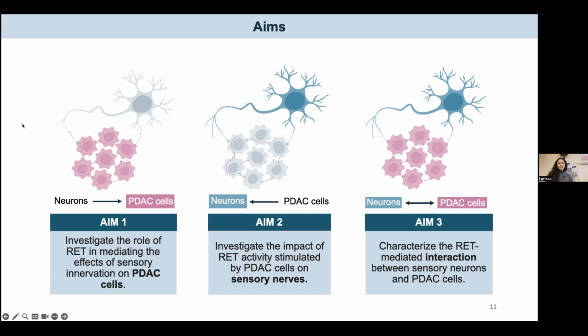And you'll see these little figures throughout my presentation to help you follow along. Aim two will evaluate the impact of RET activity triggered by PDAC cells on sensory nerves. And finally, aim three will focus on characterizing the RET-mediated interaction between sensory neurons and PDAC cells.